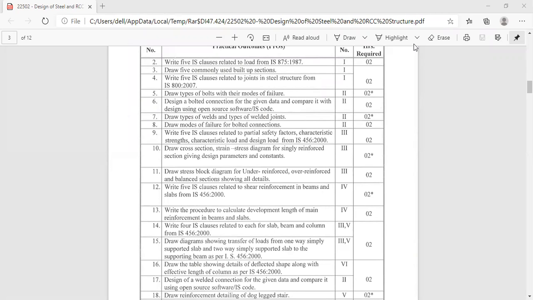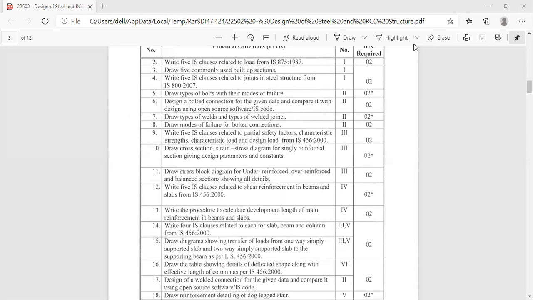So number 5, 7, 10, 12 and 18 are the compulsory practicals which have to be taken during the submission or in the syllabus. Firstly we go through this compulsory practical, starting with number 5.